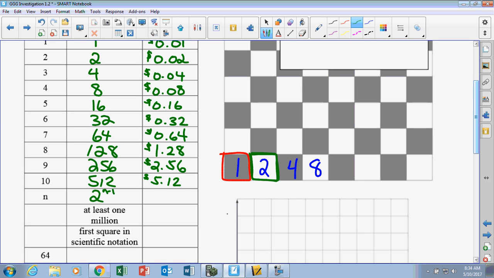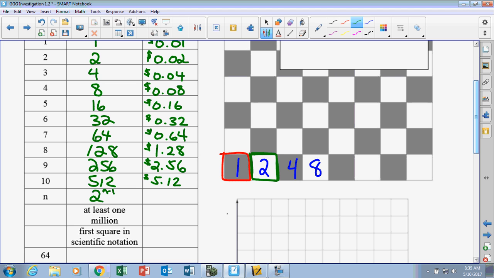So n stands for the square number. See down the square number column? Now if you plug in square 1, this is 2 to the 1 minus 1 power. What's 1 minus 1? 0. 2 to the 0 power is 1. Square number 2, this becomes 2 to the 1st power, and you see how they all line up?